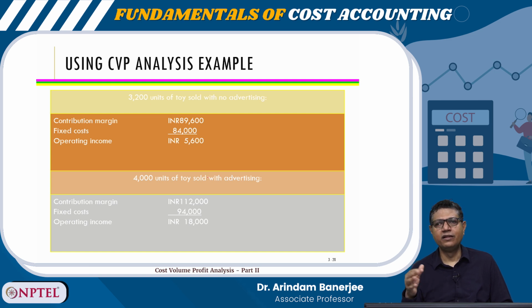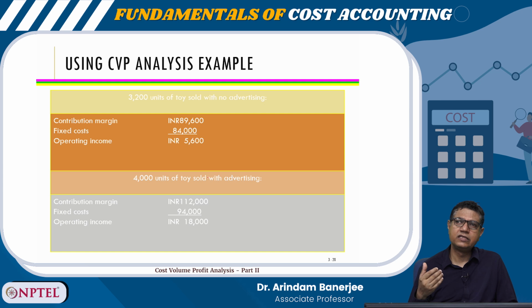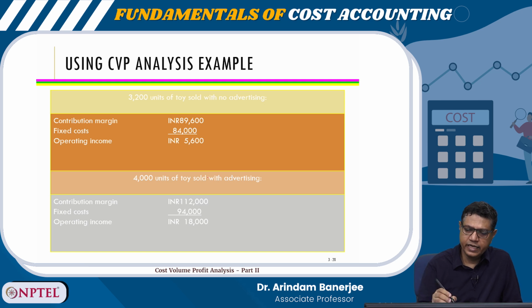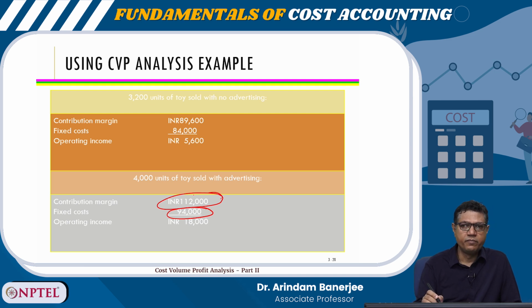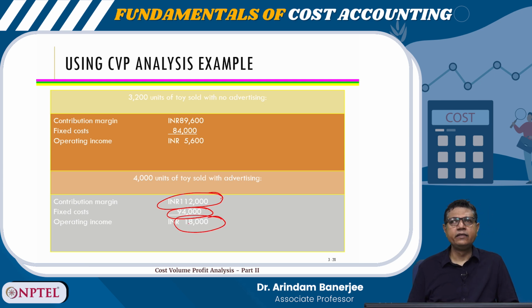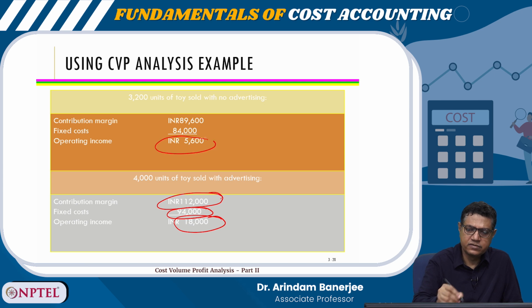So it is a part of fixed cost. The fixed cost was earlier 84,000. Now, if I go for advertising, it becomes 94,000. So sales is increasing, fixed cost is also increasing. My operating income is increasing by 18,000, right.